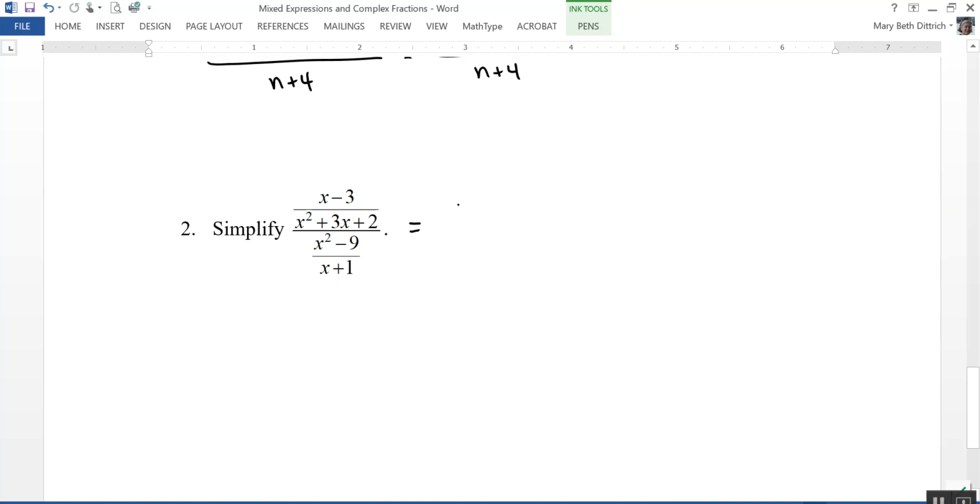So I am going to rewrite this as a division problem while factoring all the parts that I can. Okay, and since I have to divide by x squared minus 9 over x plus 1, I'm going to go ahead and multiply by the reciprocal.